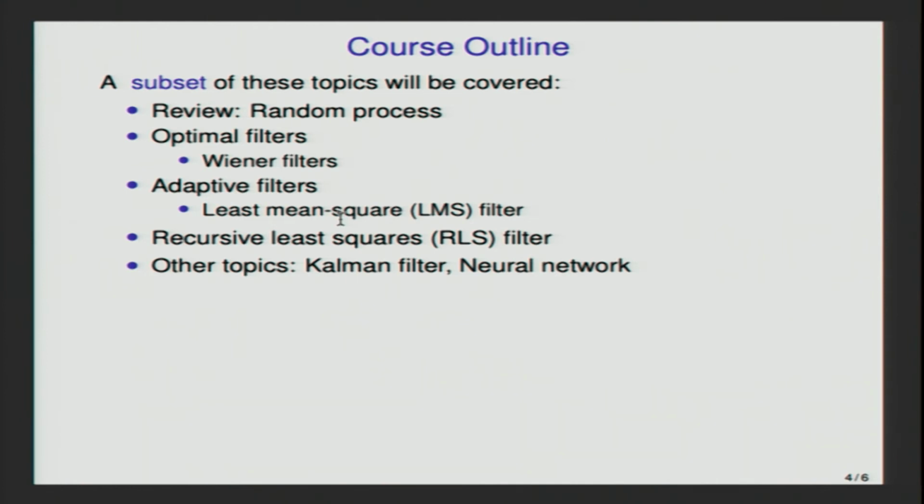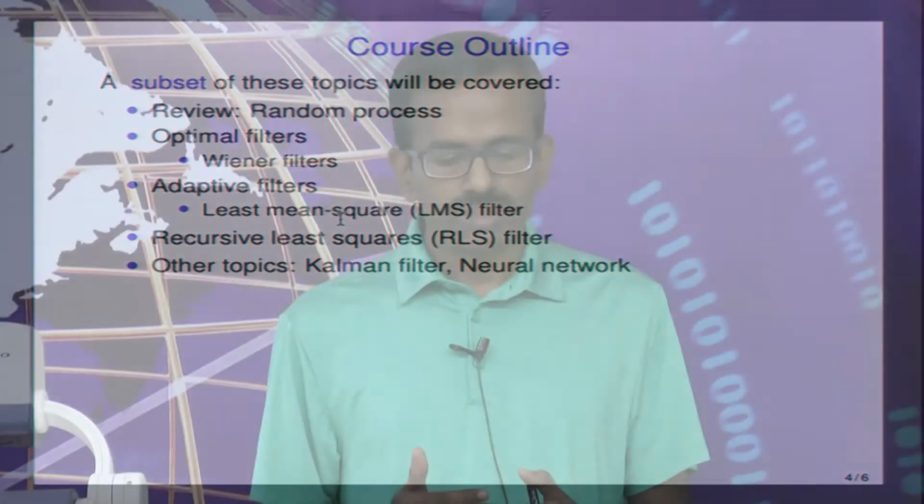And then we move on to look at neural networks, which is one basic but important application of adaptive filters. Nowadays they have become much more prevalent and popular because of deep neural networks. This course will not cover deep neural networks, but this will give you the basic ideas of how neural networks work and how they relate to some of the adaptive filtering concepts which we discuss in this course.